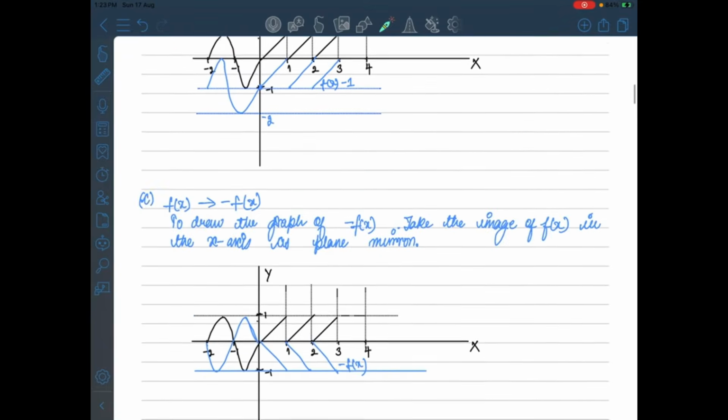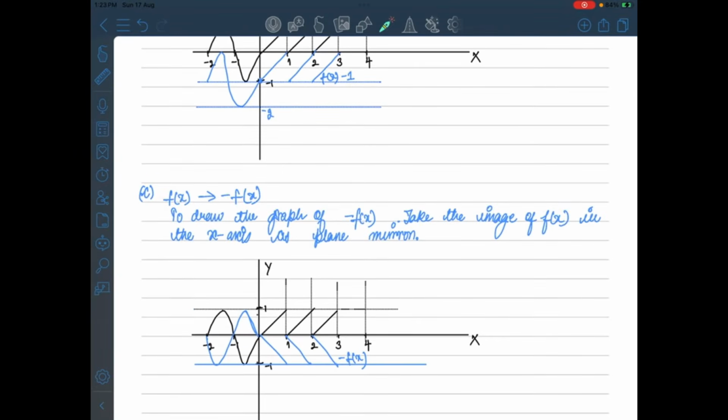Now coming to the next one, where f of x is transformed to minus f of x. To do this, we take the image of f of x in the x-axis. In simple language, we consider the x-axis as a mirror. How it will reflect, how it will give the image on the other side, that's what you're supposed to draw.